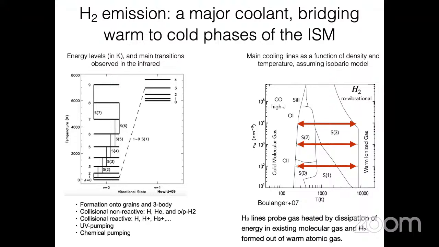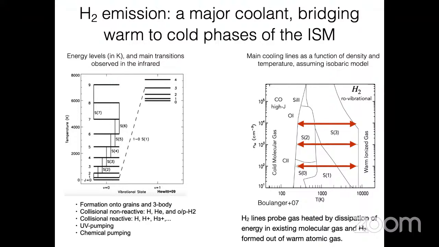And on the right, you see those dominant rotational lines, S0, S1, S2, S3, that I will be talking about, probed with James Webb. With James Webb, we probe from the S1 line up to very high levels.